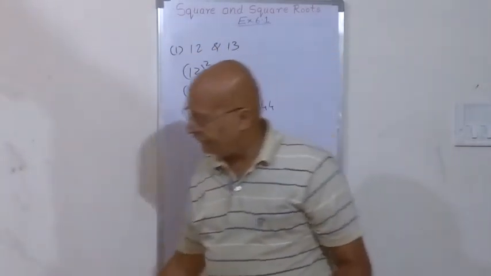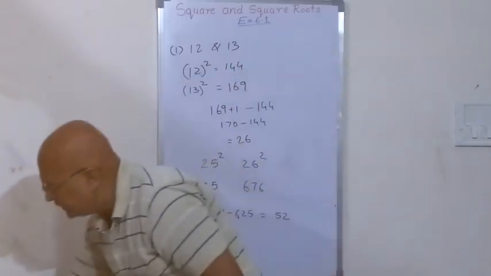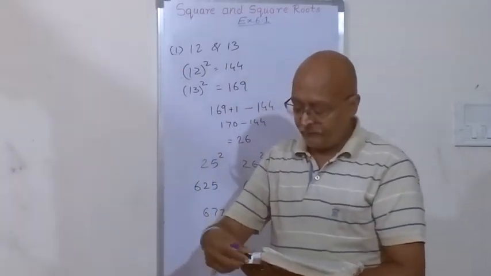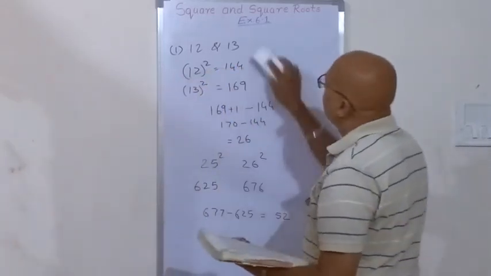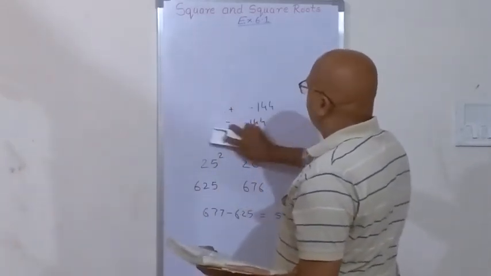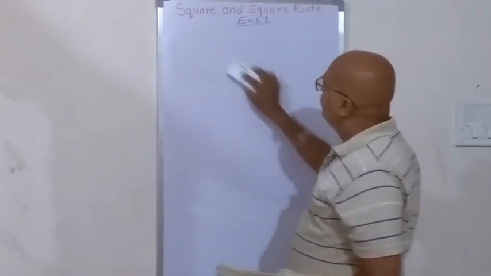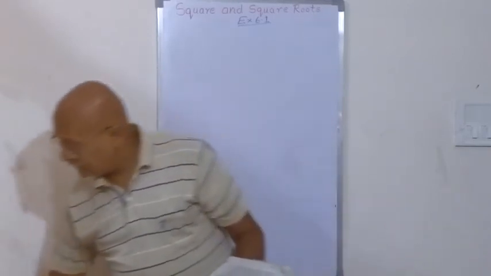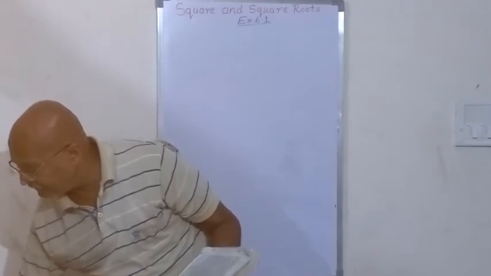Now today we are continuing. This is the second part of our lesson, and in this part we are going to solve exercise 6.1 here. Now see student, first what we have seen, we'll just recall first.